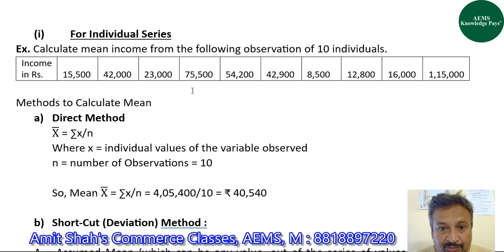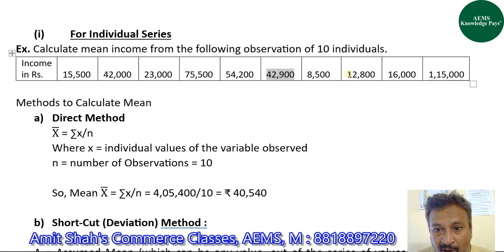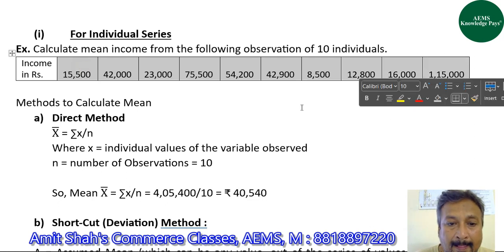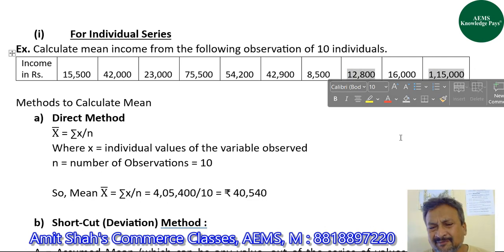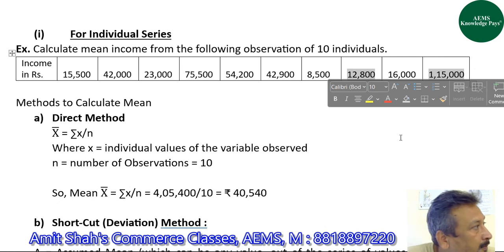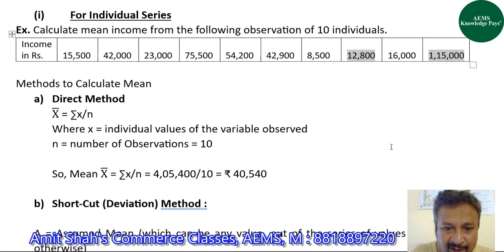So I can take the assumed mean as 75,500 or 42,000 or 42,900 or 12,800, or I may take it as 50,000. 50,000 is not there at all. How did I take 50,000? The lowest value here is 12,800 and the maximum value here is 1,15,000. So I got a random figure which falls between these two, and that is 50,000, let's say. You can take any value.